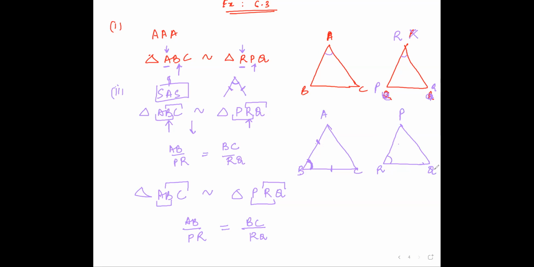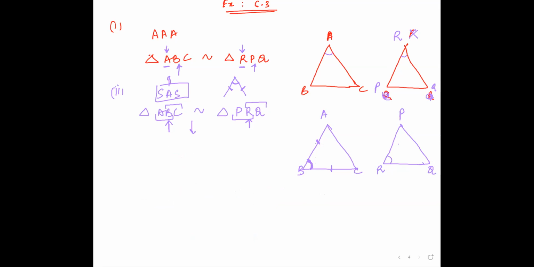Okay. Now come to SSS criteria. For example, I'm using SSS criteria and I'm writing triangle ABC is similar to triangle, let's say, QRP this time.